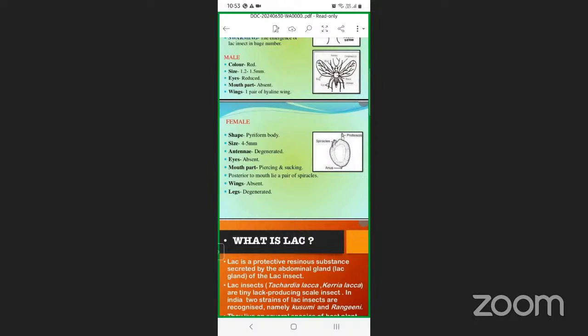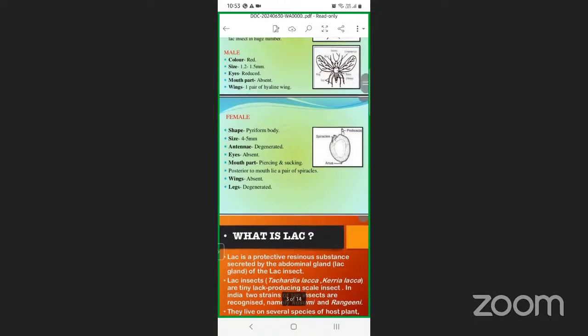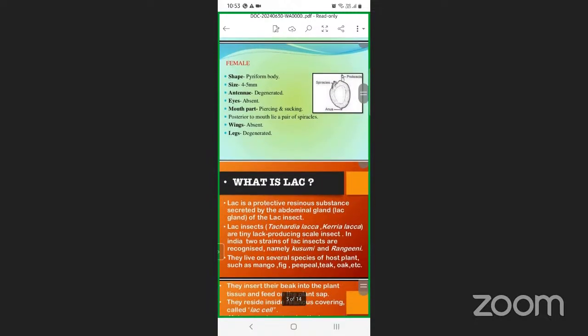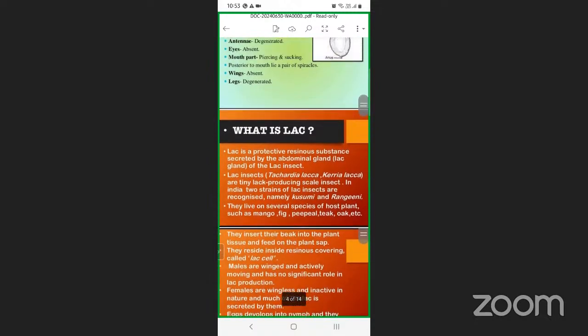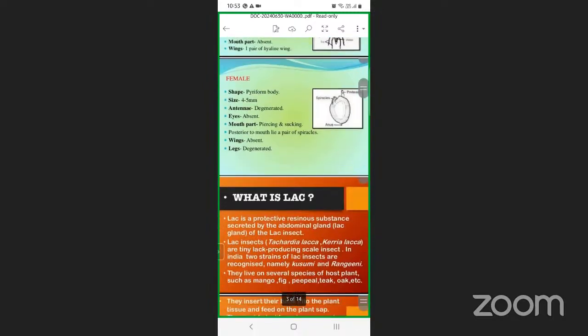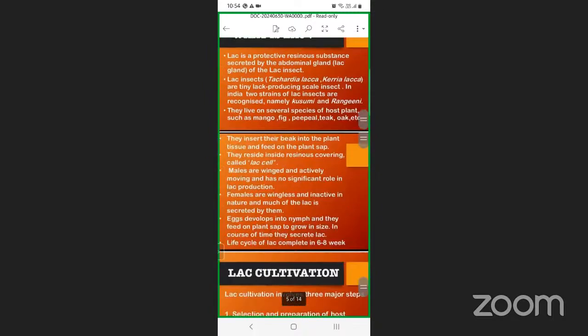They only have piercing and sucking mouth parts, with which they survive, and the wings are absent and the legs are degenerated. So this is the life cycle we see in the lac insect.